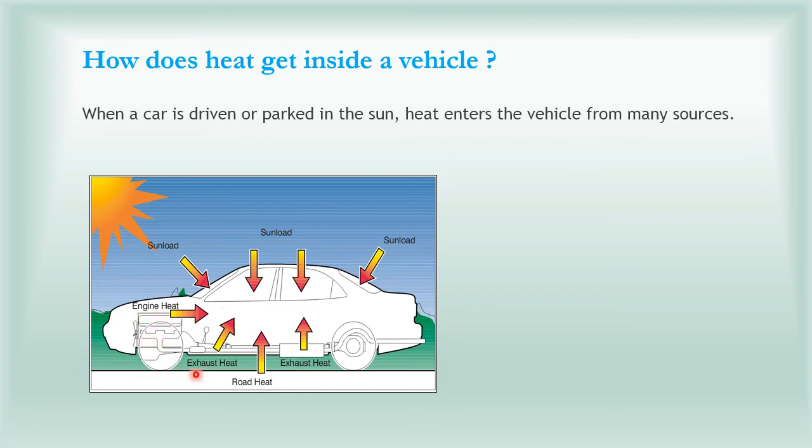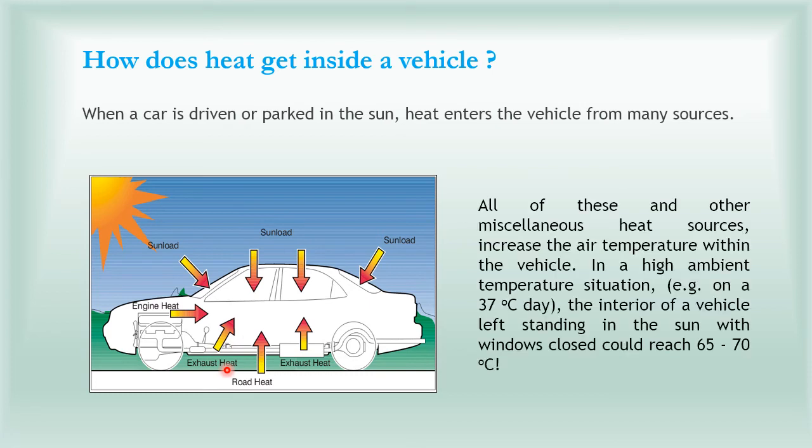Then we have the exhaust over here. The exhaust tailpipe also contains some amount of heat. Another heat source is road heat. Due to friction between the wheels and the road, it may cause heating of your car also. So all of these and other miscellaneous heat sources increase the temperature within the vehicle.